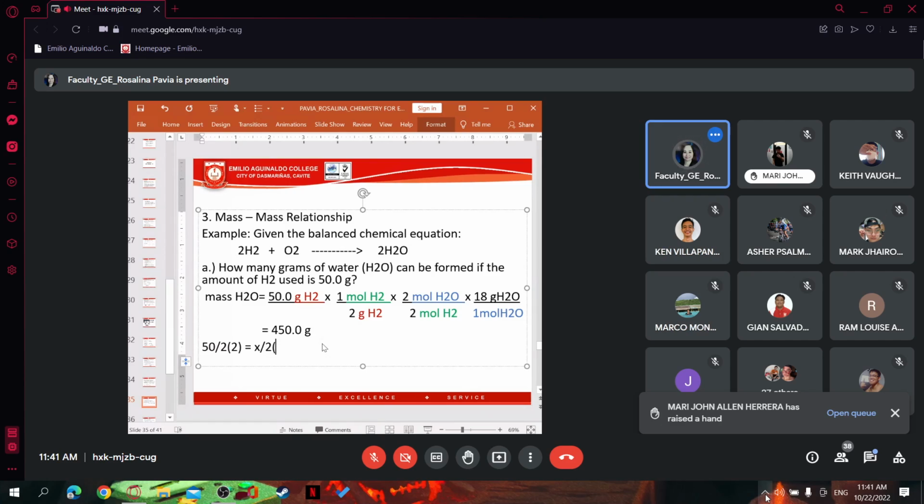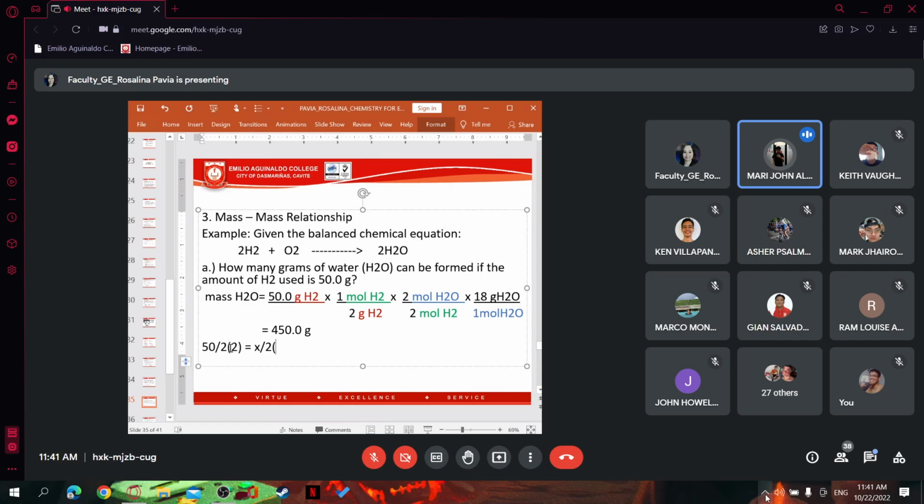Then, times... Ma'am, for the atomic mass in the first one, why did it become 2? The 50 over 2 times 2? Yes, that is 2. Its coefficient is 2 for hydrogen.